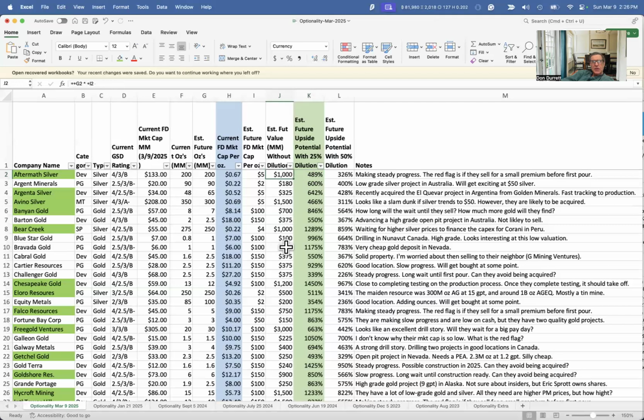I'm not sure why I have that there. He's basically saying $1 billion without any dilution, it's going to be worth $1 billion. I guess I'm probably using the J column. Yeah, I'm using the J column. That's why it's there. The possibility of no dilution is very low, so this column doesn't really have a lot of meaning. We've got to add some dilution. So that's what that is.